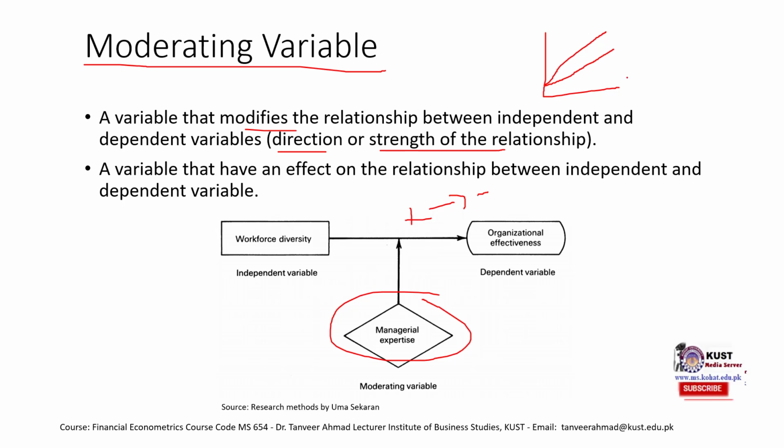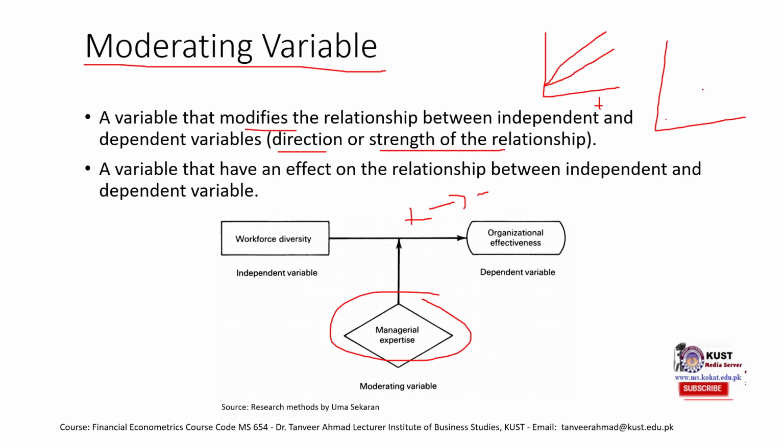So the relationship is still there, it is still a positive relationship, but the strength of the relationship has decreased. This is when the relationship strength would be affected.